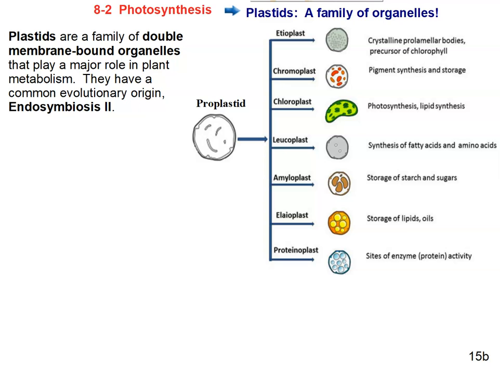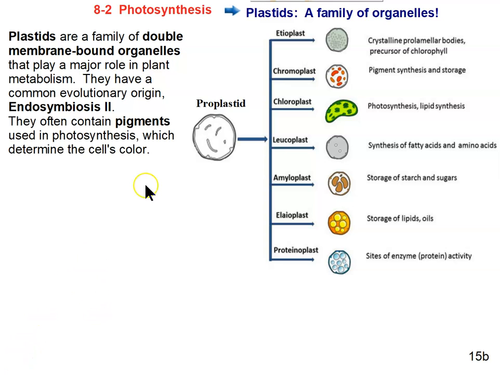In photosynthetic organisms, it happened twice, and that's where plastids came from. Endosymbiosis 2 is the origin of plastids, including the chloroplast. One thing plastids will contain are pigments, like chlorophyll or other pigments that give the cell its color.